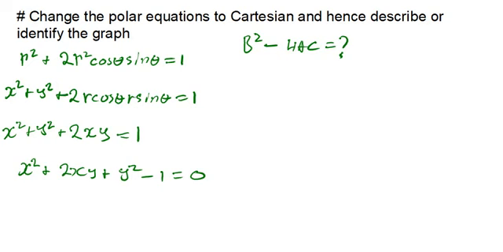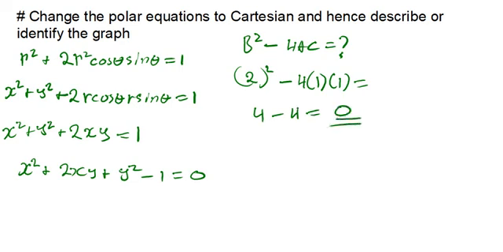Our b is the coefficient of the xy term, which is 2, so 2 squared minus 4 multiplied by a multiplied by c. Our a is the coefficient of x squared, our c is the coefficient of y squared, so 1 by 1. This will be 4 minus 4, giving us 0.